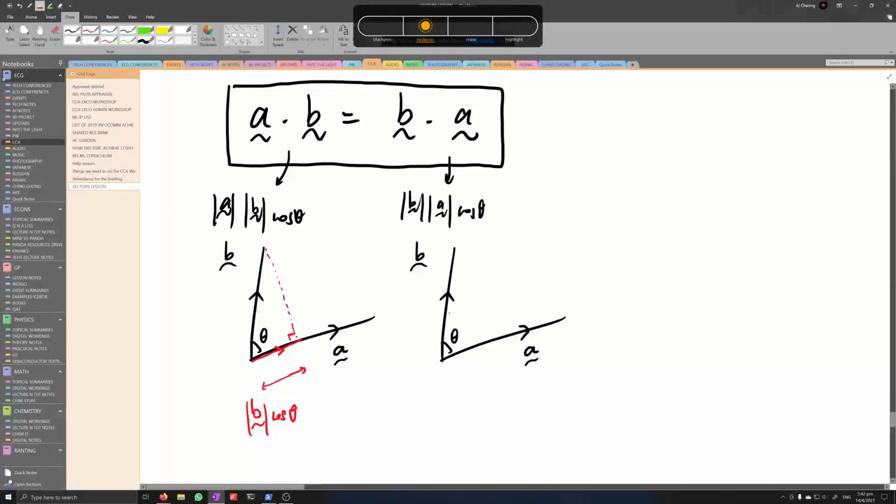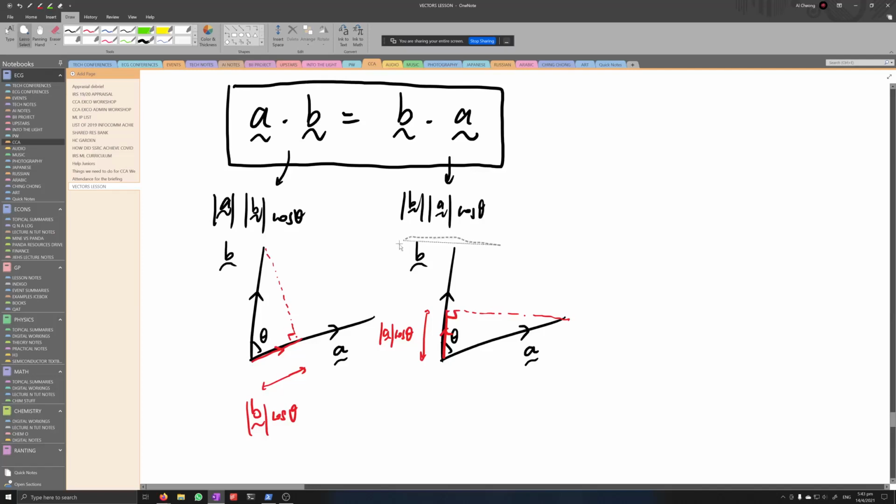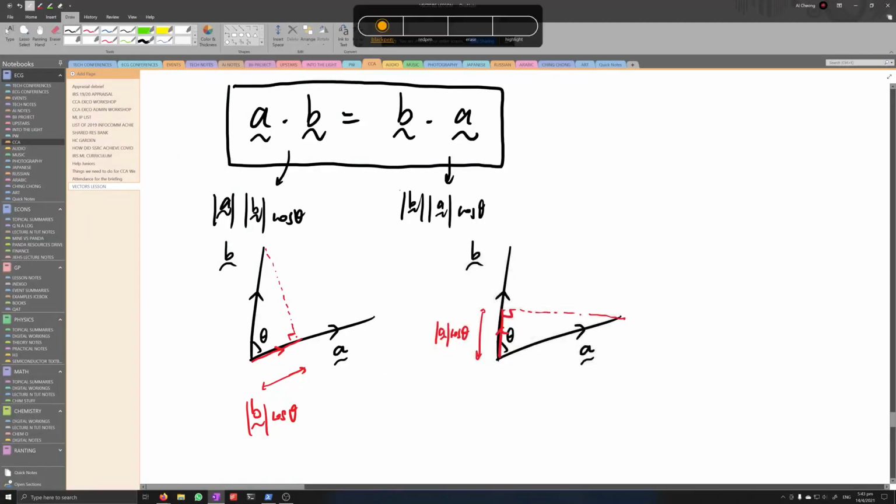Okay, then you take here, you drop. Then here, the vector, where the distance here is A cosine theta. Both of them are going to result in the same thing because you are essentially just flipping these two around, which changes nothing.